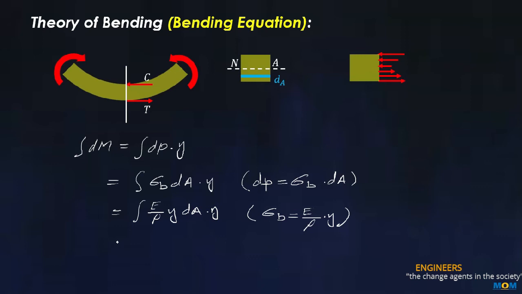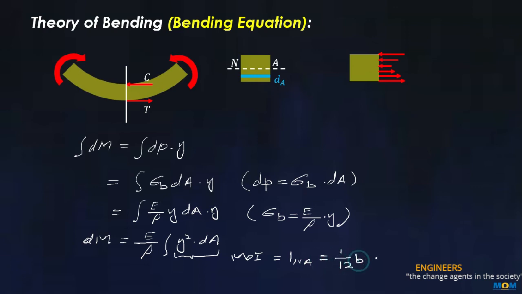So finally we can write this as dm is equal to E upon rho into y square dA, where this y square dA is the moment of inertia, or it is inertia about neutral axis, which is calculated by 1 upon 12 bh cube.